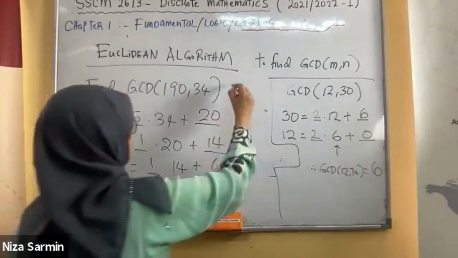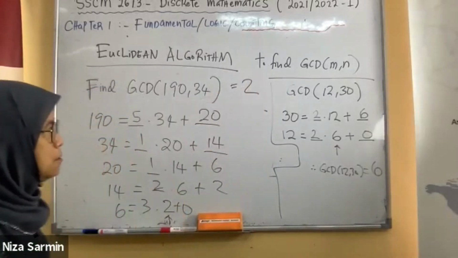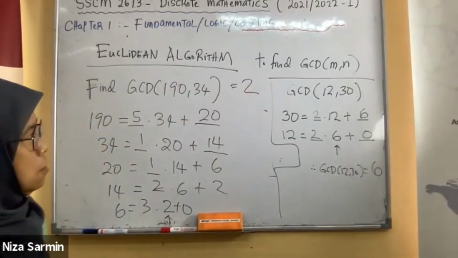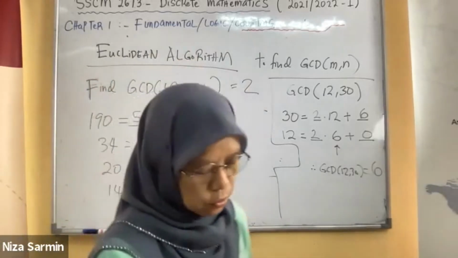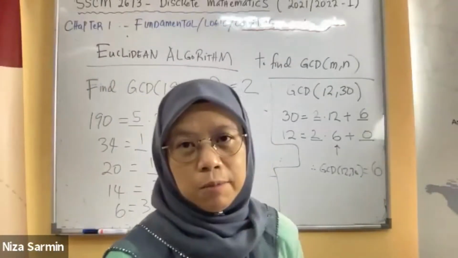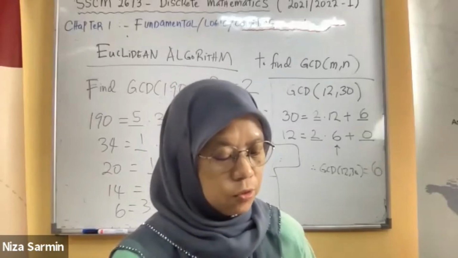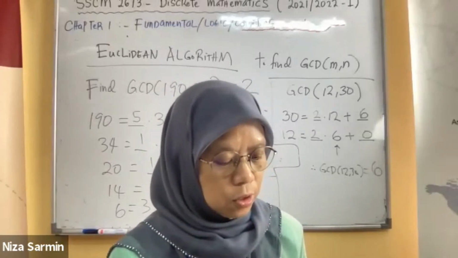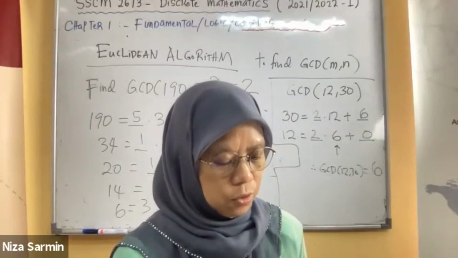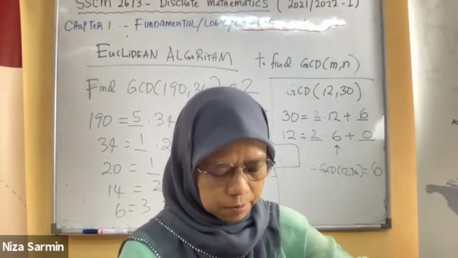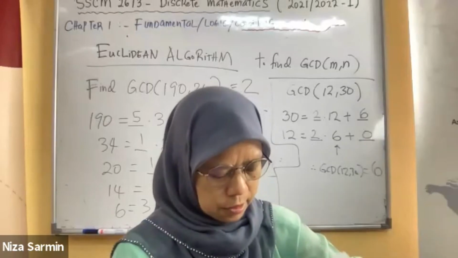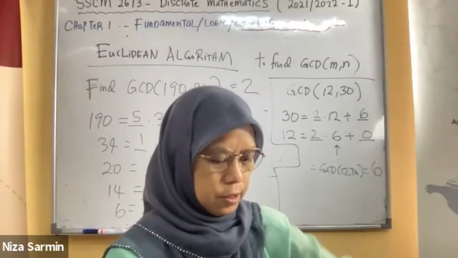Okay, this is using the Euclidean algorithm. If you are asked to find just GCD, you can use any method. But if you are asked to use the Euclidean algorithm, you have to use this. And there are a few other examples in the book.